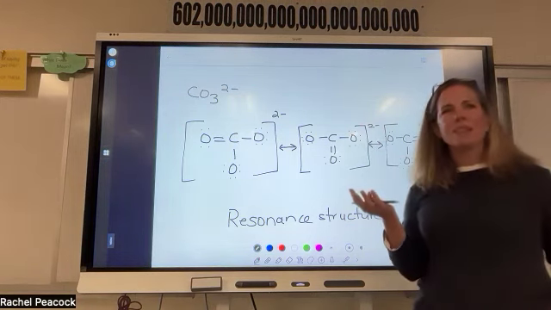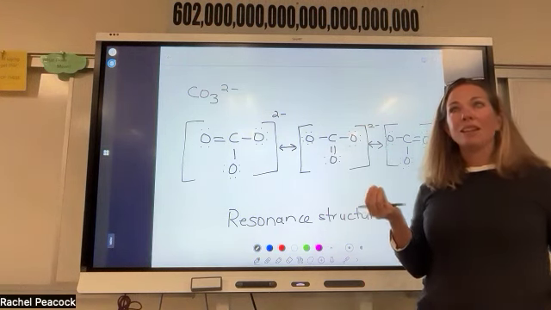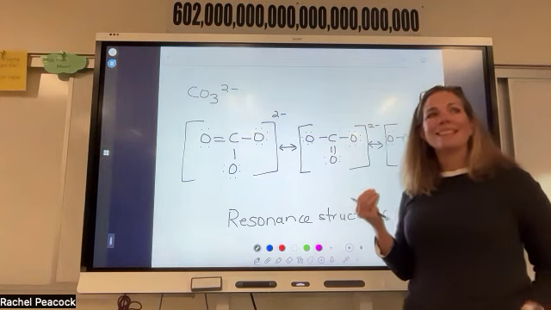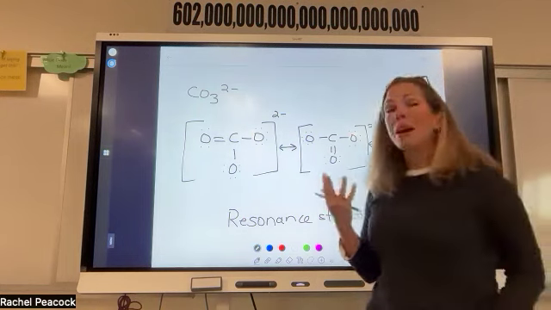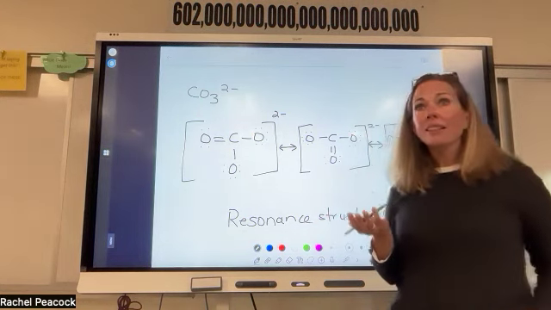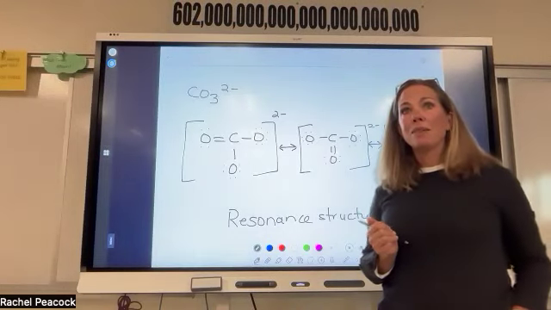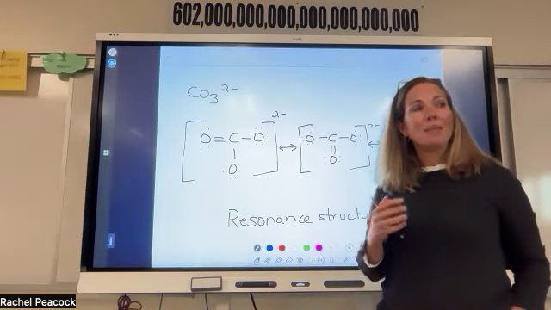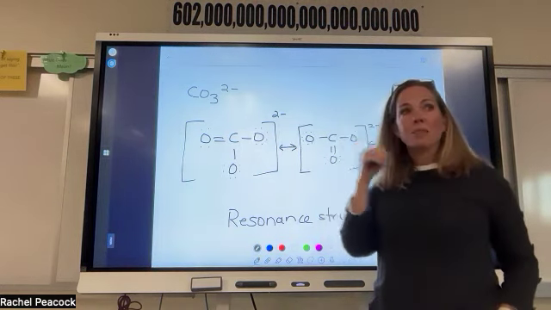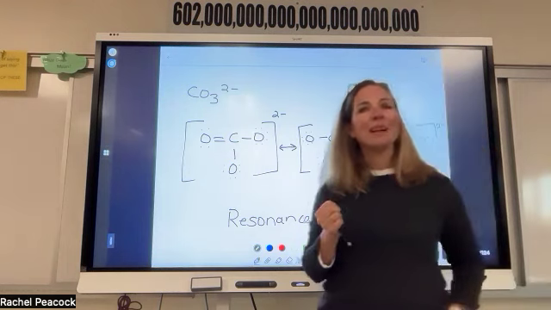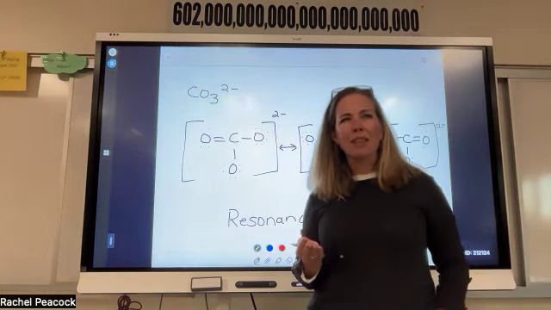And that's what resonance structures are. Resonance structures are equally valid structures that exist simultaneously. And realistically, if you have carbonate ion, you have all of these at the same time, right? And then within each ion, that double bond is bopping around because that double bond reflects electrons and electrons repel each other, right?